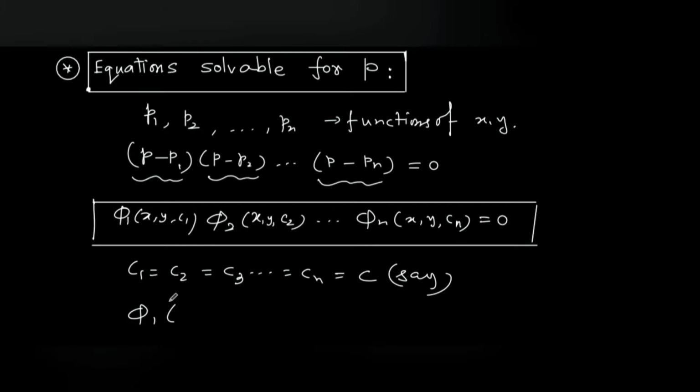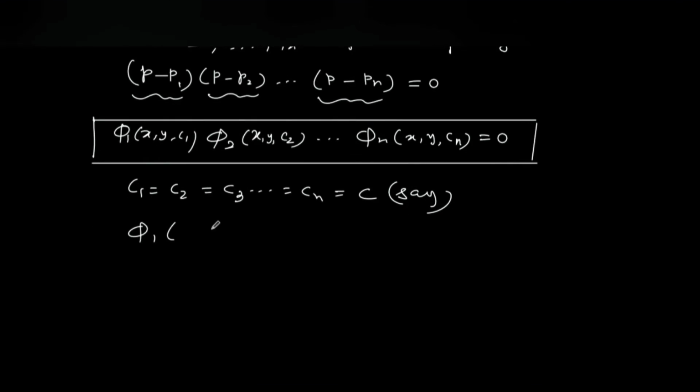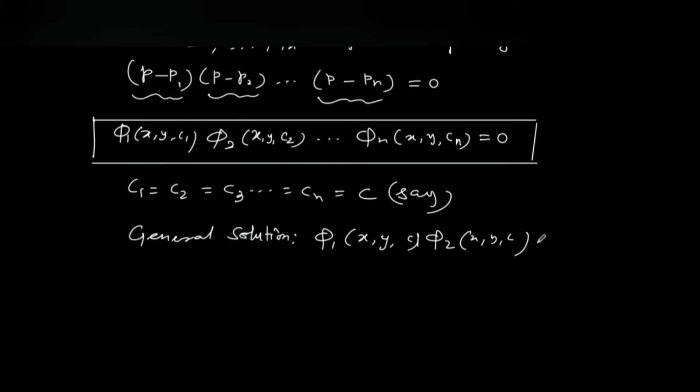That means the general solution will be phi1(x,y,c) phi2(x,y,c) ... phi_n(x,y,c) equals 0, and obviously c is the arbitrary constant.